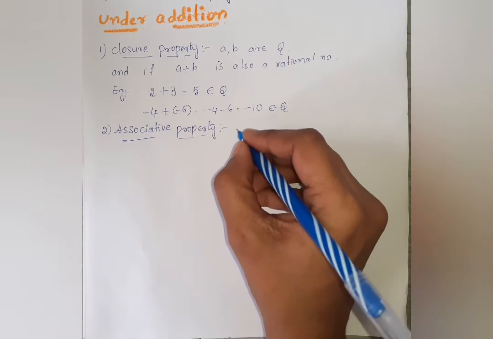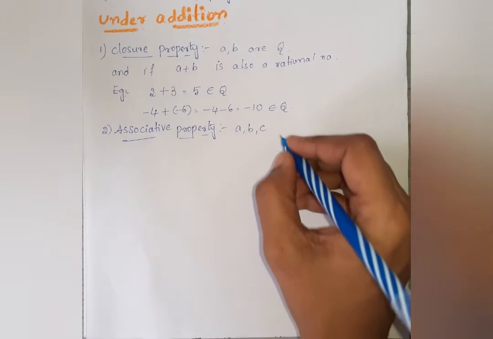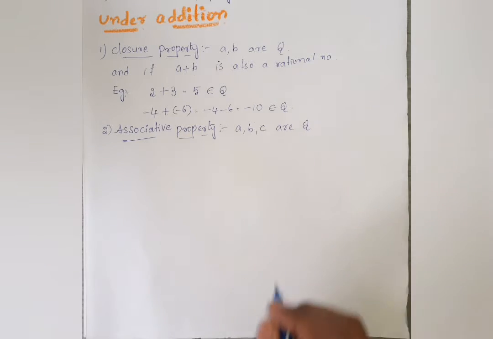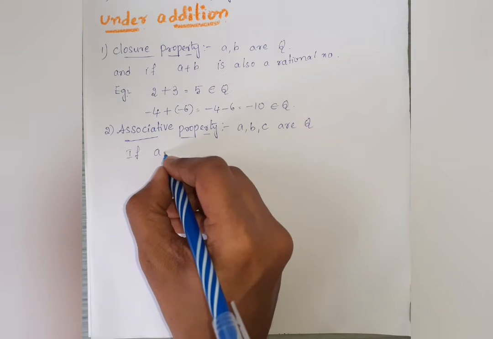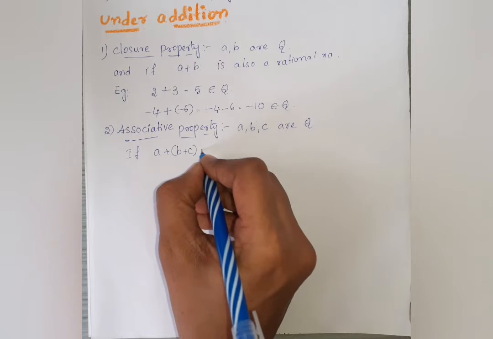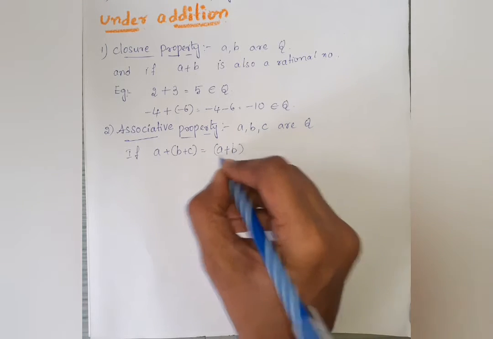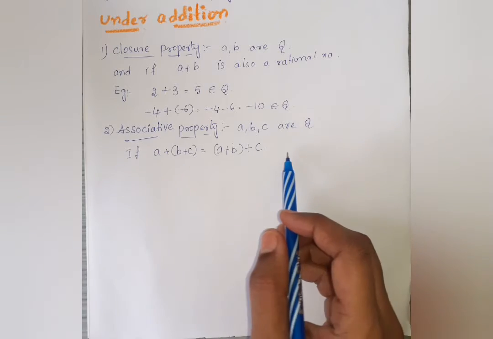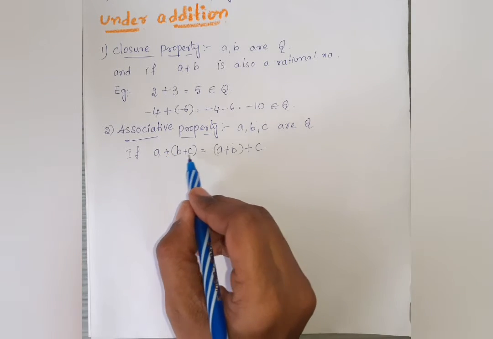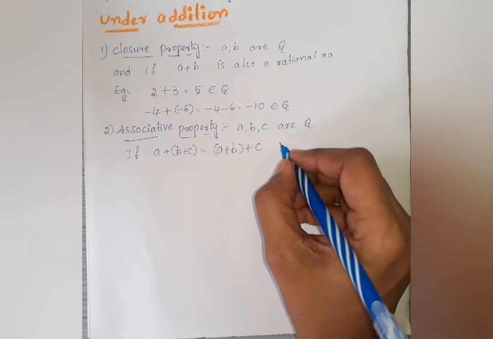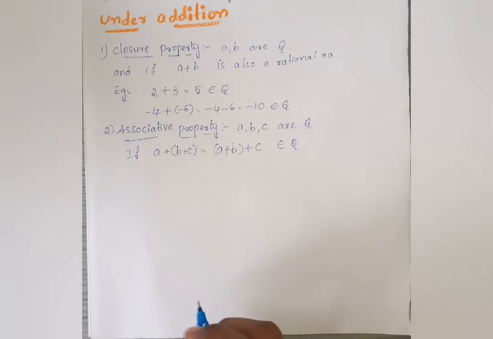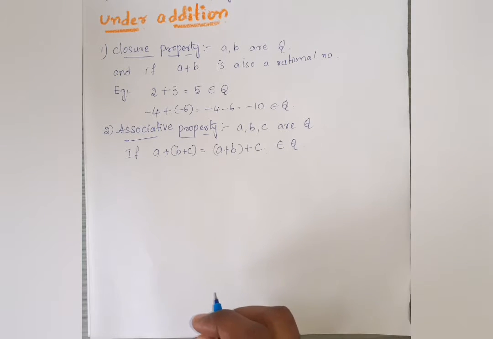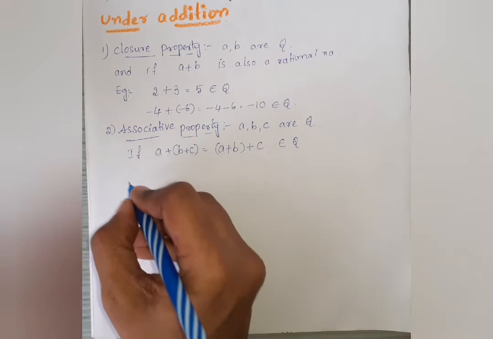Associative property says, if you take three numbers, and the three numbers are rational numbers, and if a plus b plus c is equal to a plus b plus c, taking them in different groupings, so if I take three numbers and I write a plus (b plus c) equal to (a plus b) and then plus c, this also is a rational number, then we say rational numbers are associative under addition. Let me give an example.